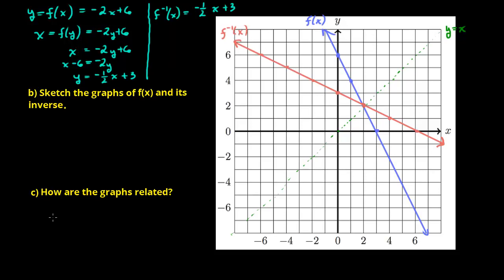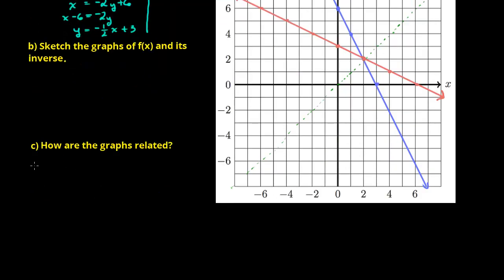So here it says, how are the graphs related? So first thing to note is that they are reflections of each other about the identity line.